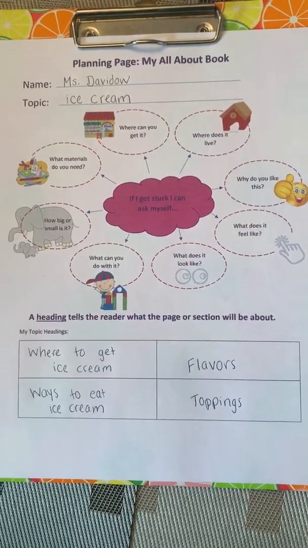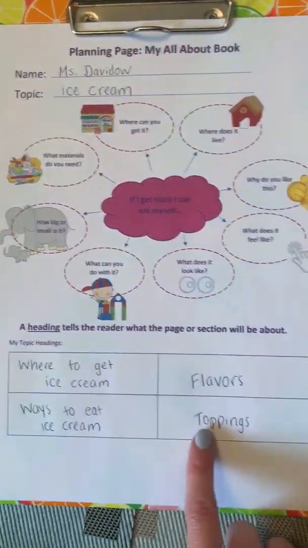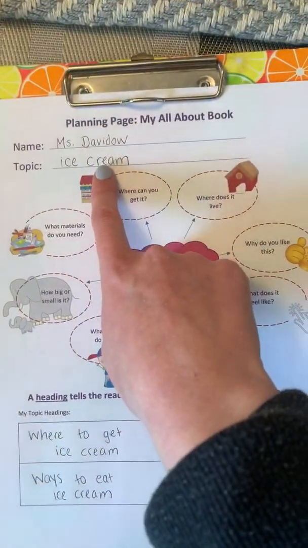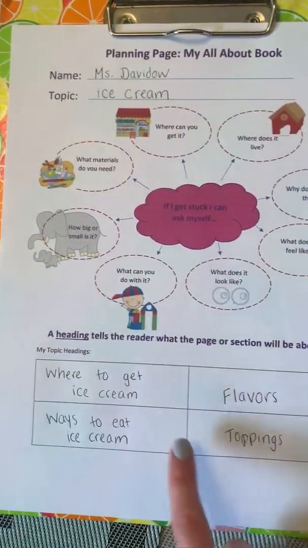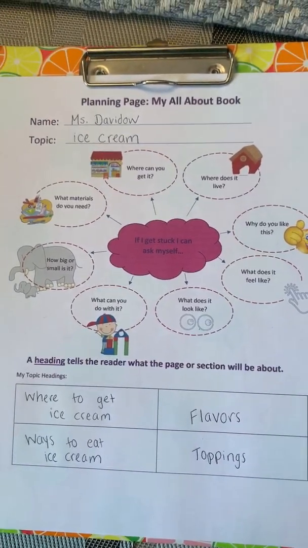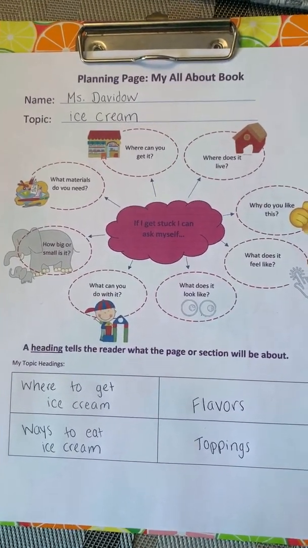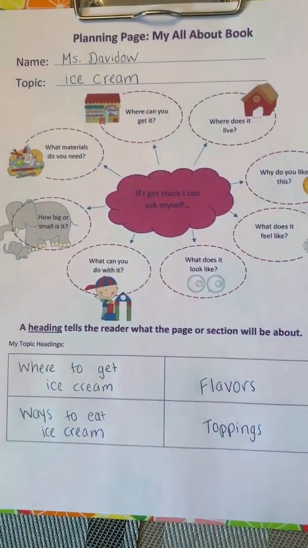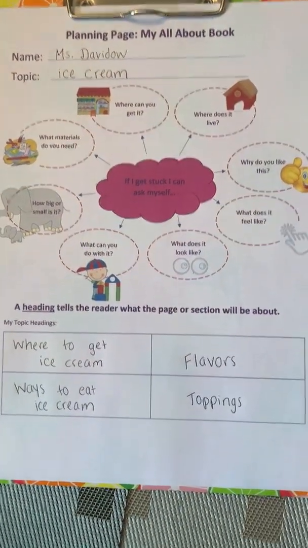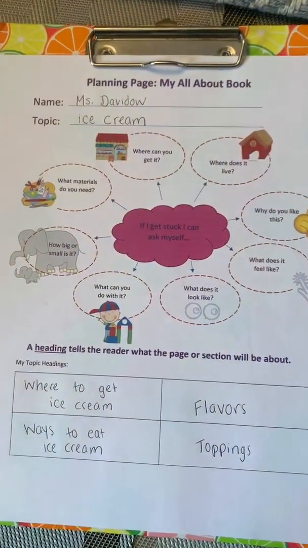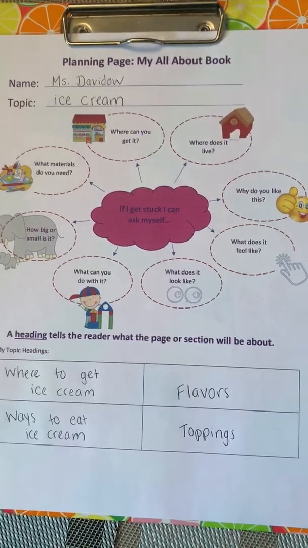All right, friends, so I've brainstormed some ideas of headings that have to do with ice cream. I talked out all of these ideas so that I know that there's enough detail that I can write a lot about those headings and about ice cream. When you're brainstorming, take your time and really think about what you know about your topic.